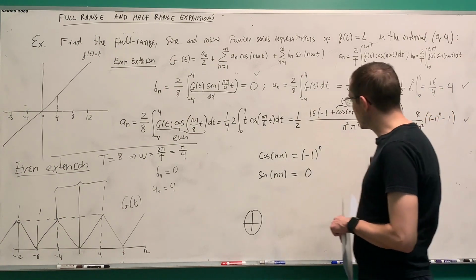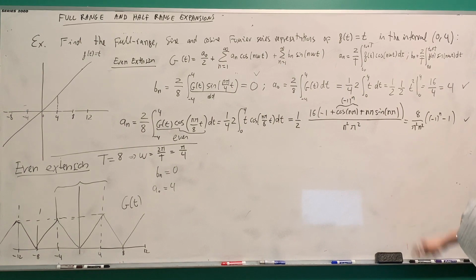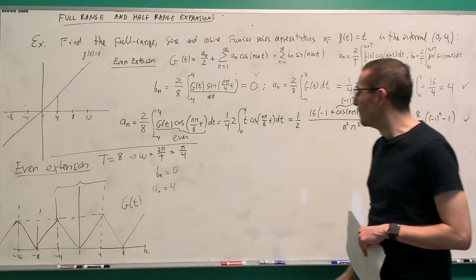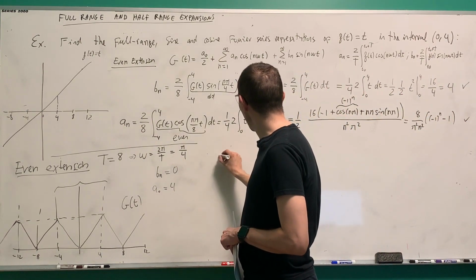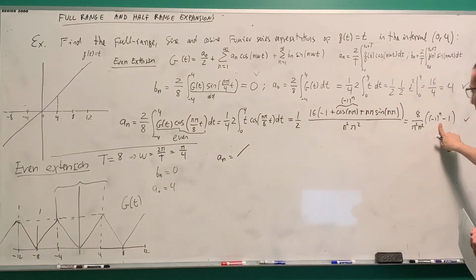Now, this is one of those coefficients that can be simplified again, because we know that now an is equal to, when n is even, this is 1 minus 1, which is 0.